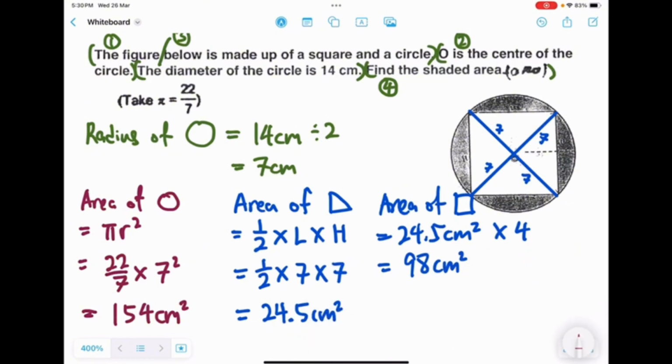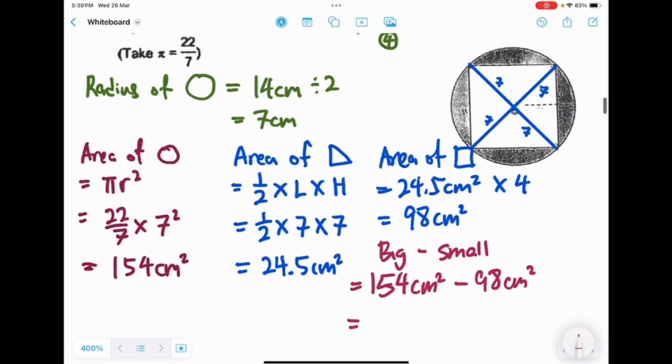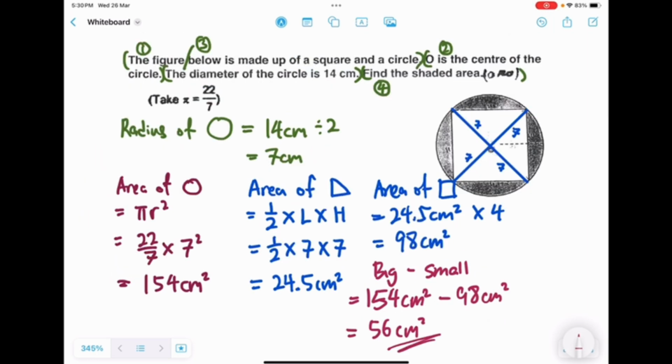Now, to apply what we know into our formula of big minus small, I can say that my big is 154 cm² minus 98 cm², and this would simply give me 56 cm². And this is my answer for this question.